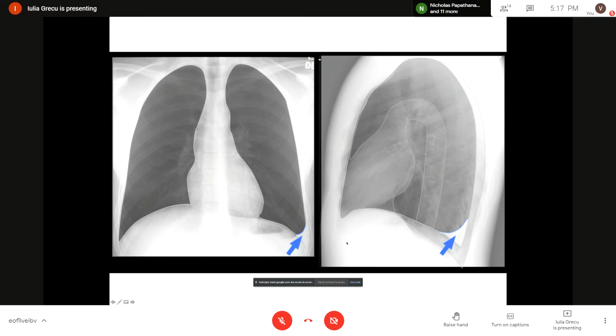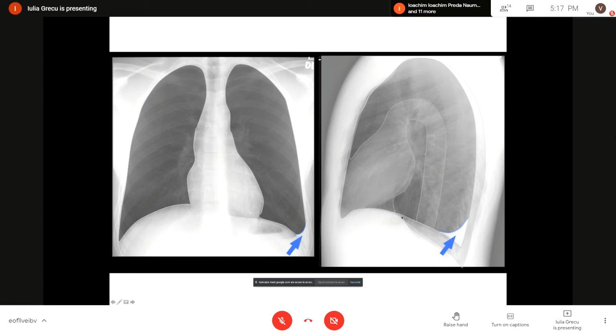First signs will be the blunting of the costodiaphragmatic angles. The first one that will become blunted is the posterior, because it's the deepest of the costodiaphragmatic angles. So small amounts of fluid will be first seen here in the posterior costophrenic angle. So the lateral chest X-ray, the lateral view of the thoracic film, is the best way to try to find these small effusions.